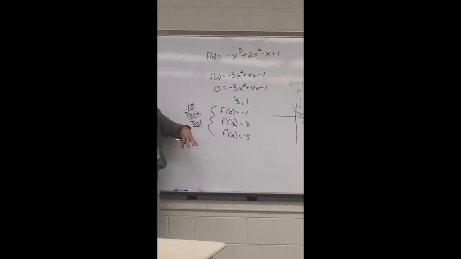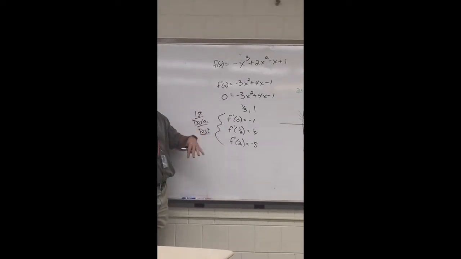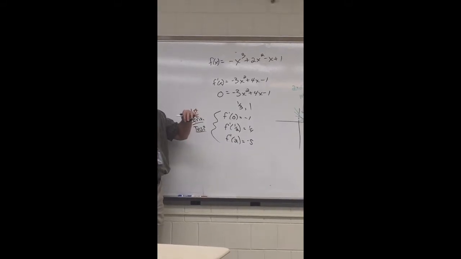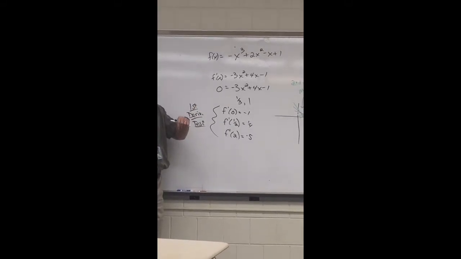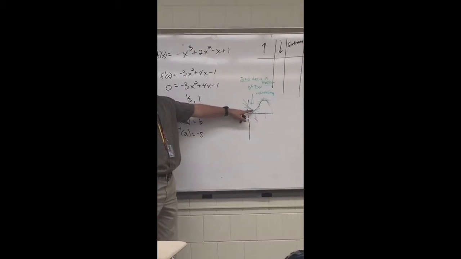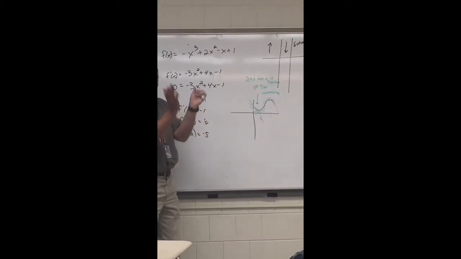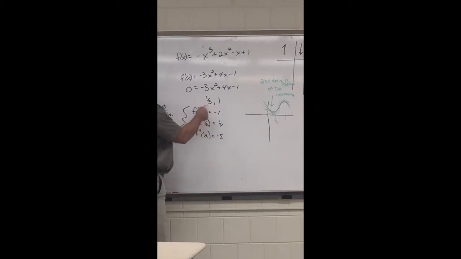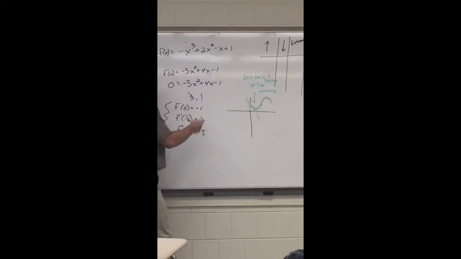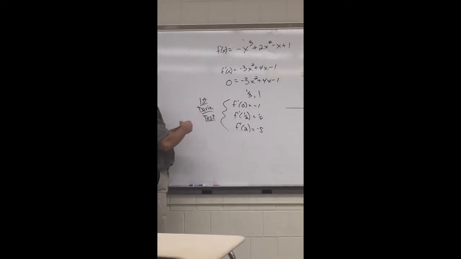If I plug it into the second derivative and I get a positive, that means I'm concave up. And if it's concave up, are we looking at a min or a max? Min. It's a min, because it's concave up. If you plug this into the second derivative and you get concave down, then you know it's a max.